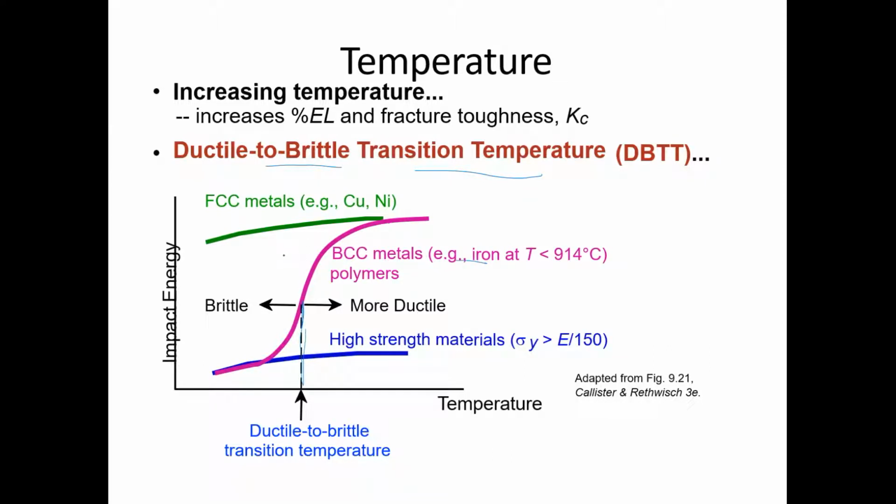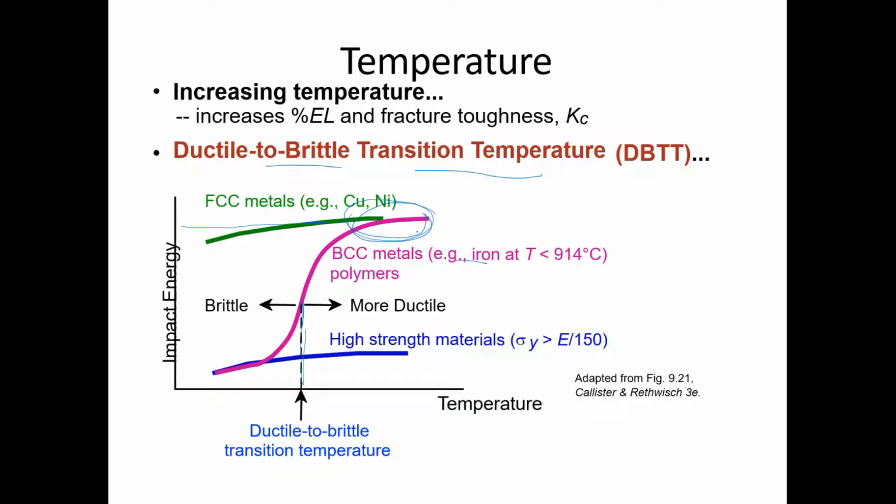In the upper shelf region, the material absorbs a lot of energy and behaves in a tough manner, meaning that in this region, these BCC metals at this particular temperature show ductile behavior.